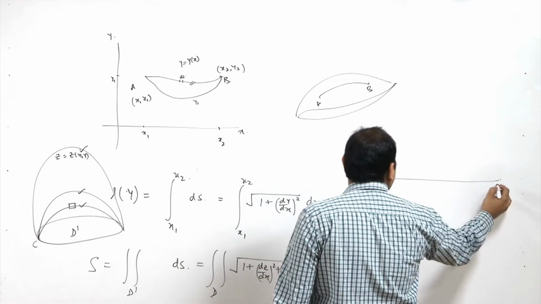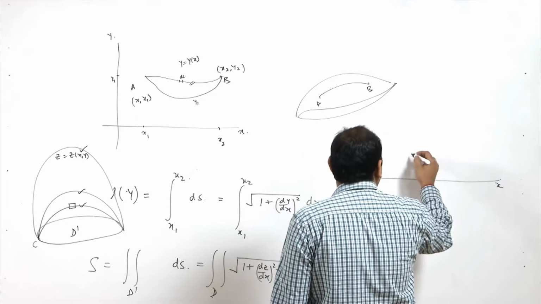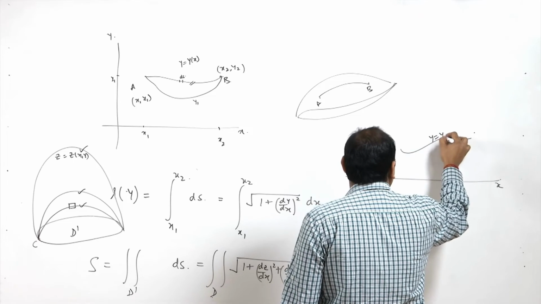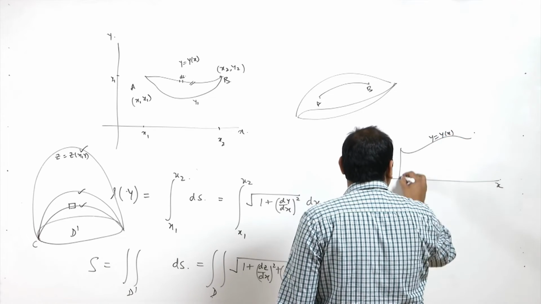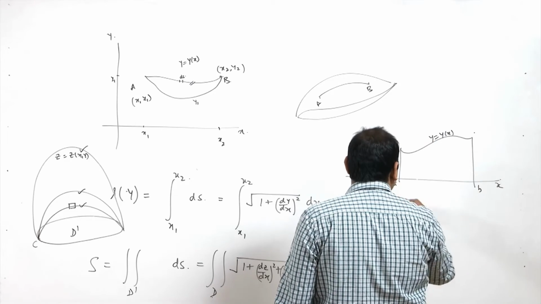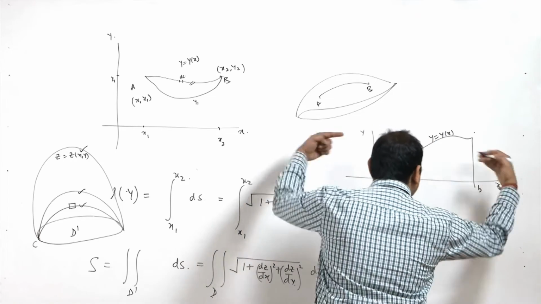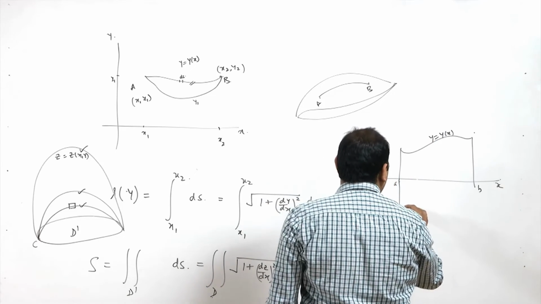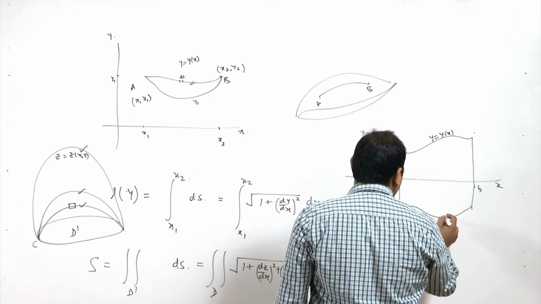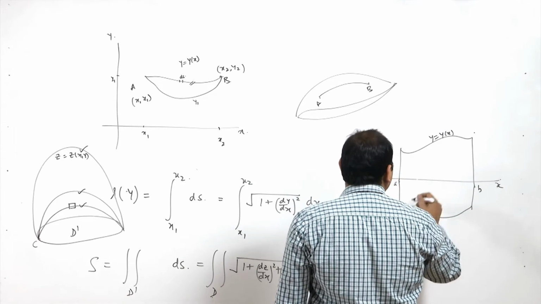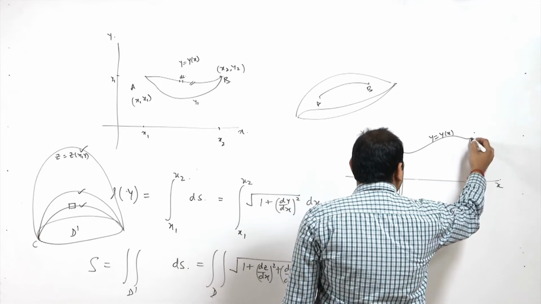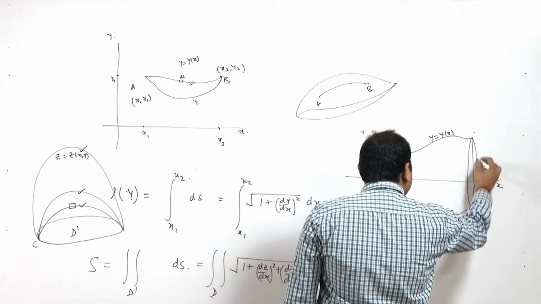So here we have x, this is y, and this is the graph y equal to y(x), and this is a and this is b, and this is rotated about the x axis. So now we try to find the surface area of this.